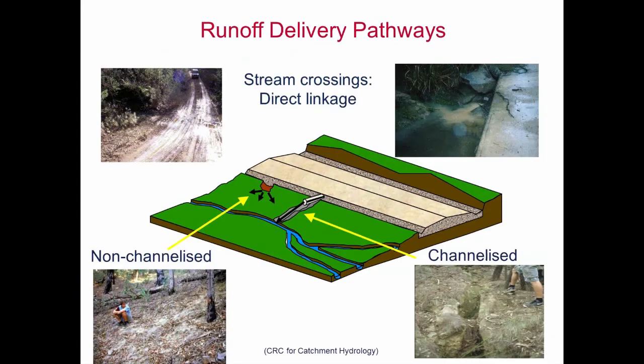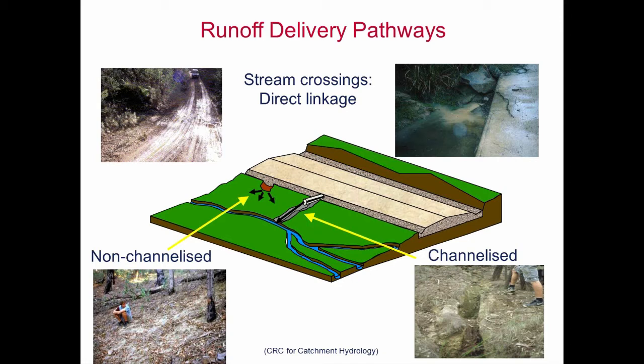Looking at this in a photographic and conceptual sense, the top two photographs show the direct linkages I was talking about, where at a stream crossing, runoff and sediment, or dirty water if you like, can directly enter a stream or a waterway. That's undesirable, but not always avoidable.